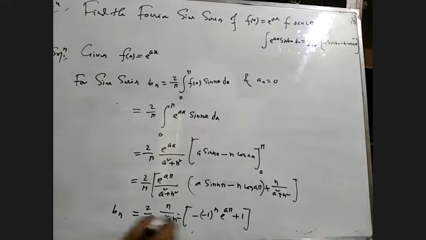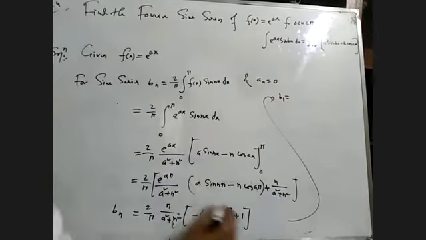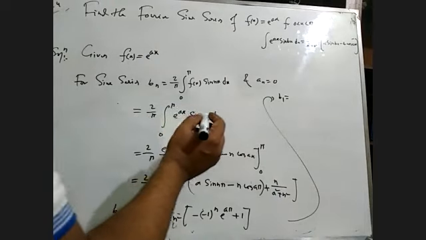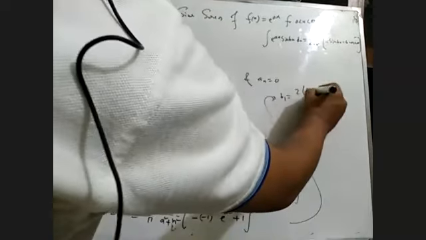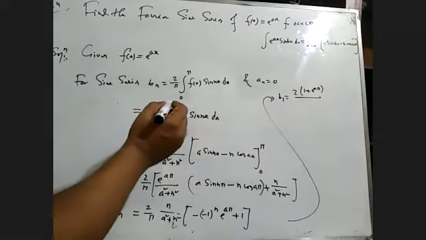This is Bn. Now if n equals 1, just putting n equals 1 here, we get B1 equals 2 into 1 plus e to the power a pi divided by a square plus 1 square, into pi.